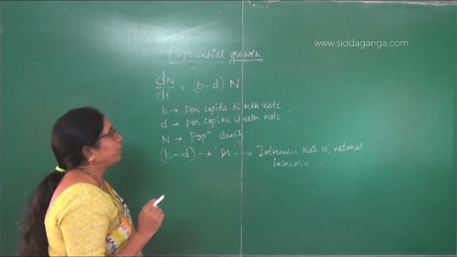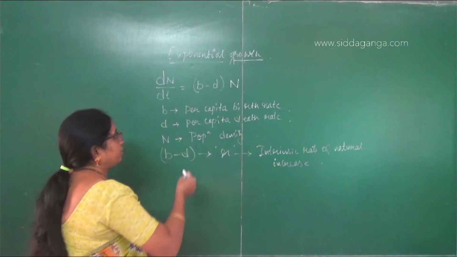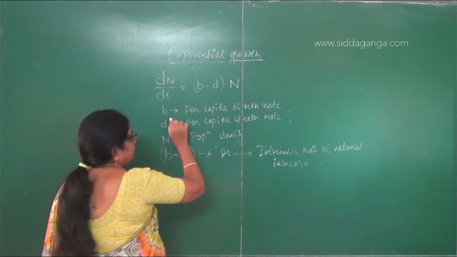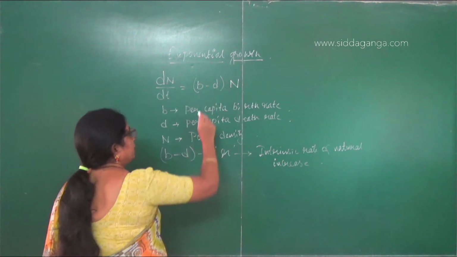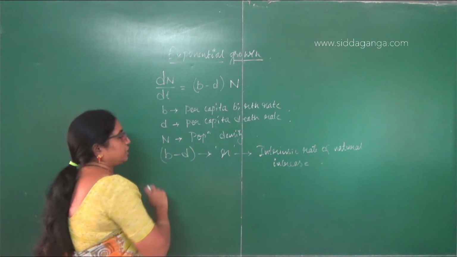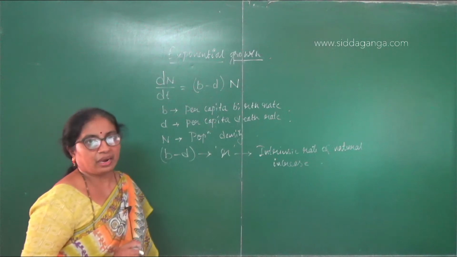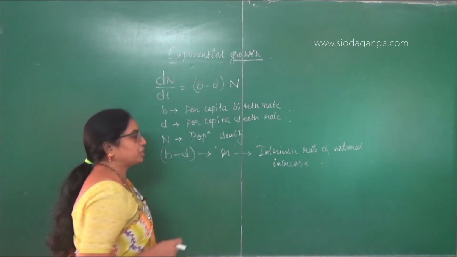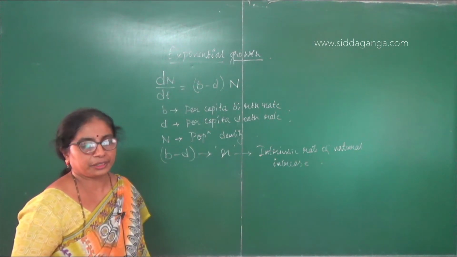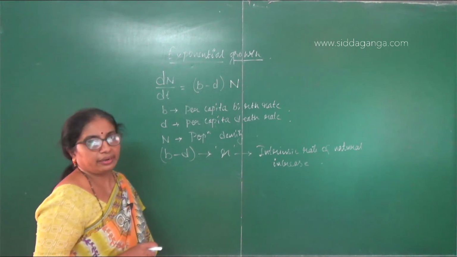So dN by dt is equal to (b minus d) into N, where small b represents the per capita birth rate and small d represents per capita death rate, and capital N is nothing but the population density. So b minus d is represented by r, which is nothing but the intrinsic rate of natural increase.